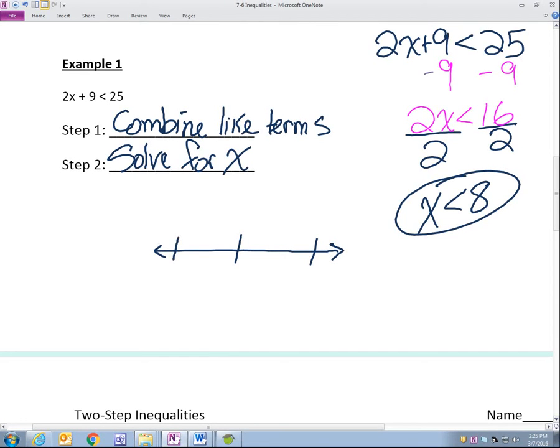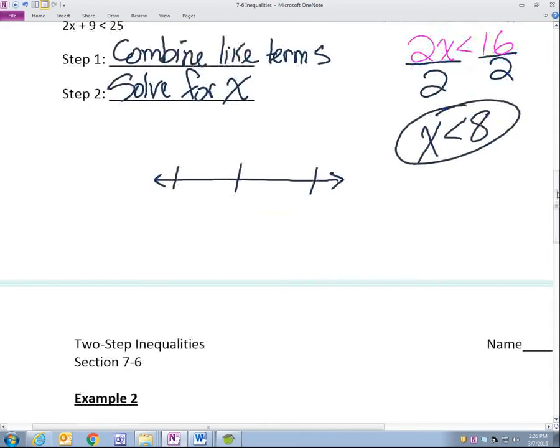Now we're going to graph these, because that's what you have to do in your homework. Now is this going to be a filled-in circle or an open circle? Joey: It's open because it's not negative. Beautiful.